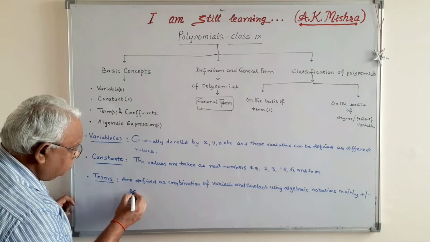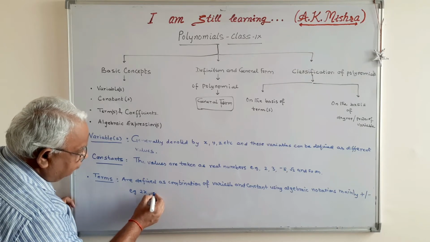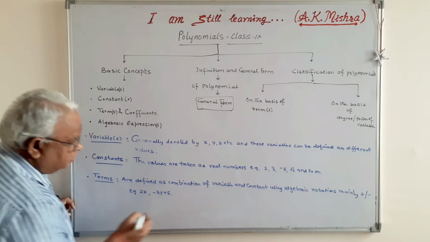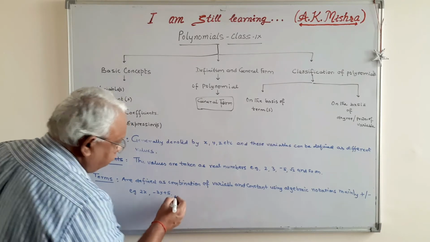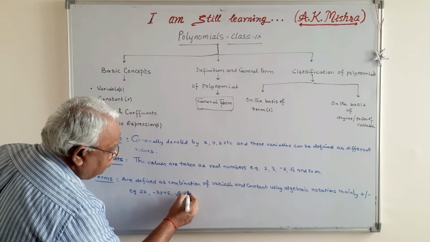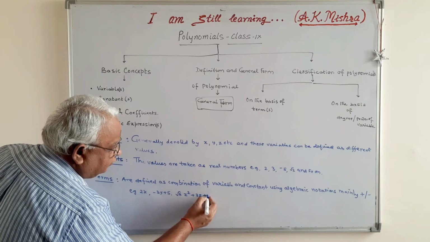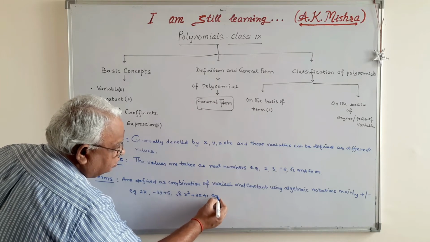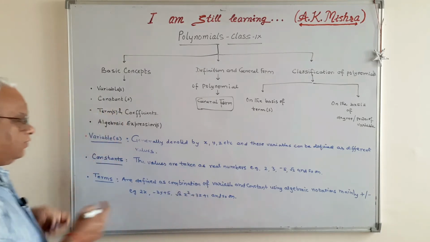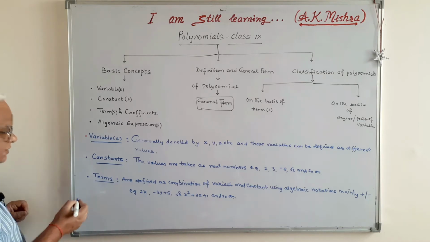For example, 2x minus 3y plus 5 root 2 z square plus 3z plus 1 and so on. You can also frame yourself number of examples.